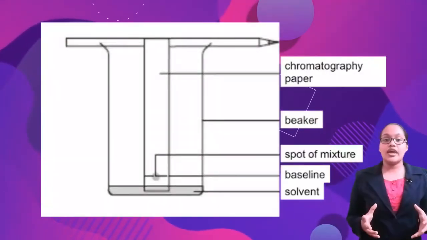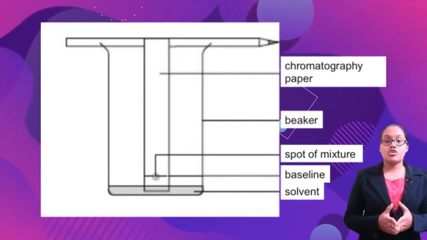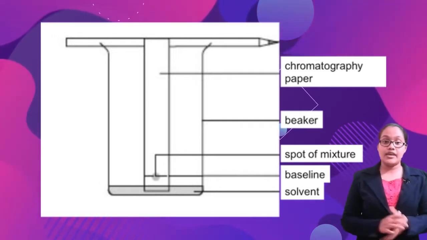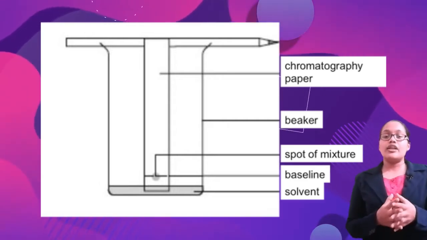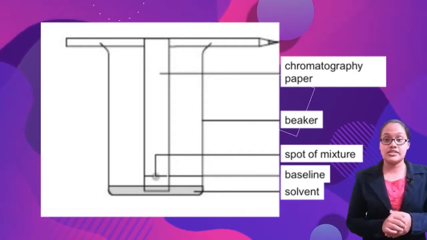Here we take a long strip of filter paper and draw a line about 3 cm from the bottom end. There we put a drop of ink on the center of this line.